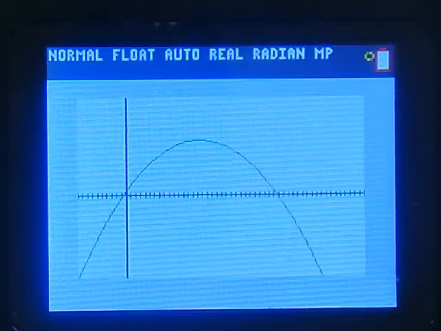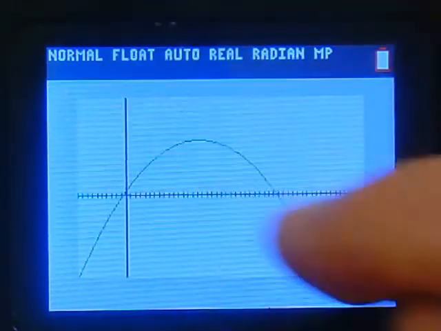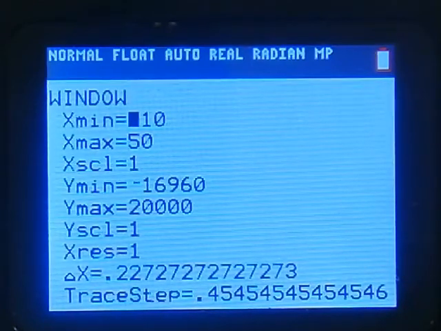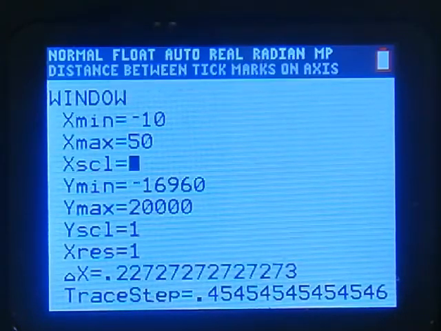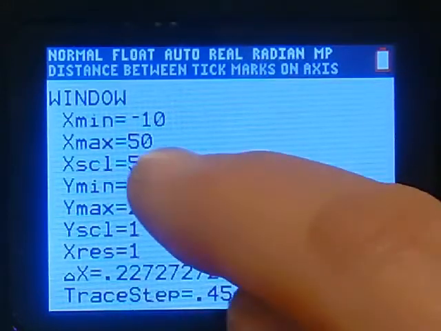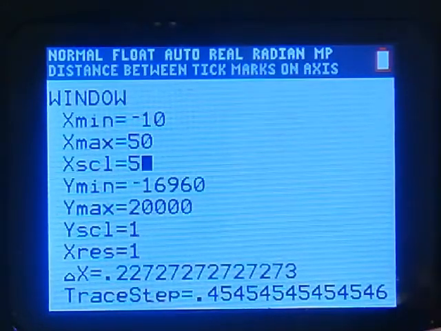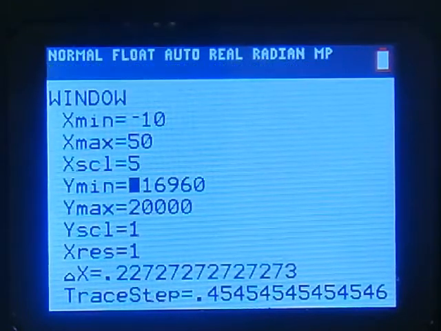Perfect. Okay. Now I need a scale that makes sense for both of these. So I'm going to go to Window and change my X scale to go by 5s. I've got to go from 0 to 50. I'll go by 5s. That'll give me 10 marks. And the Y scale, I've got to go clear up to 20,000.